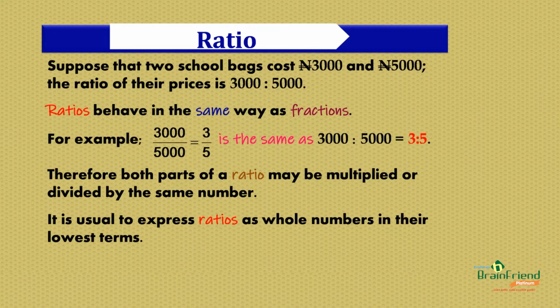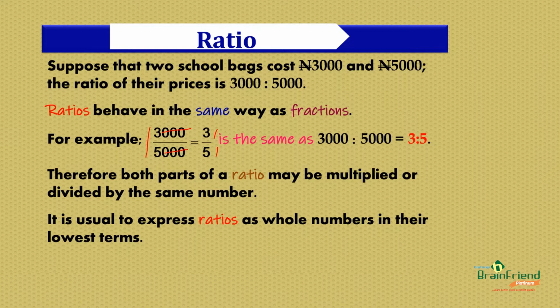To better understand ratios, we have an illustration. It says, suppose that 2 school bags cost 3,000 naira and 5,000 naira. The ratio of their prices is 3,000 ratio 5,000. Now you see, we can represent this ratio as a fraction 3,000 over 5,000, and we can reduce that by cancelling out the zeros to 3 and 5.